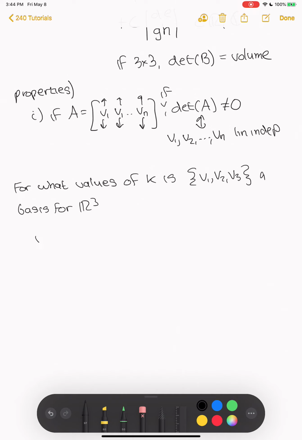And they give you v1 is (1, 0, k), v2 is (k, 1, 1), and v3 is (2, 1, 1).